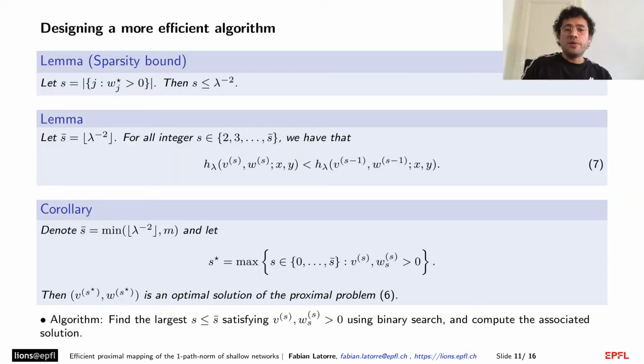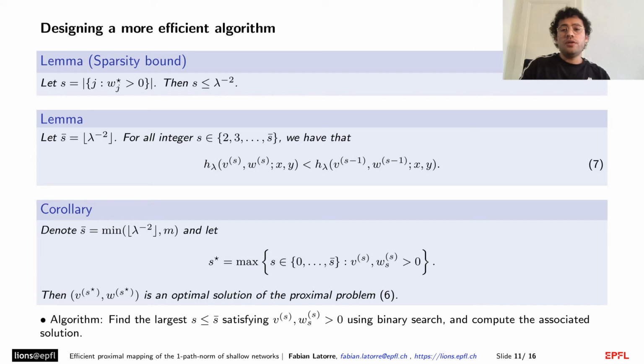But in fact, we can do better. We can actually make the computation faster by noting the following. First, the number of non-zero elements of w star is upper bounded by 1 over lambda squared, where lambda is the regularization parameter. We obtained this result from the second order optimality conditions. This allows us to look only at a restricted range of values of s when computing the proximal map.